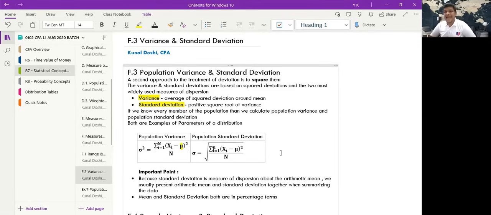Okay. Answer me this very important question: can the variance be negative? No. It can never be negative. Why? Because I'm always doing square, and the square of any number is never negative. Another question: can the standard deviation be negative?